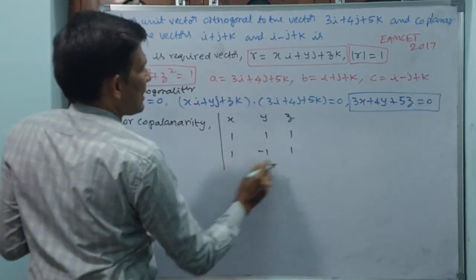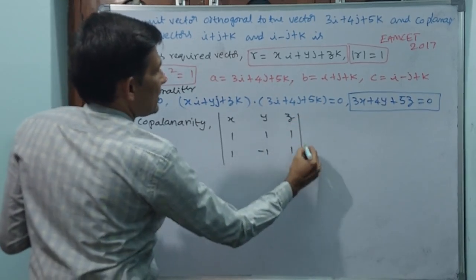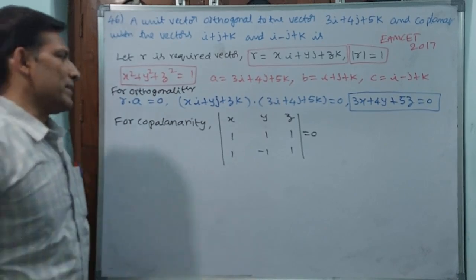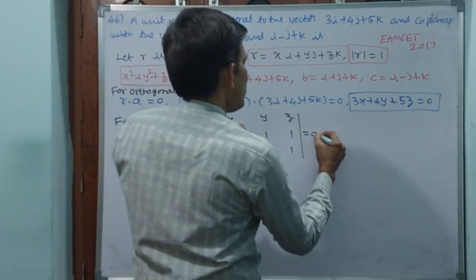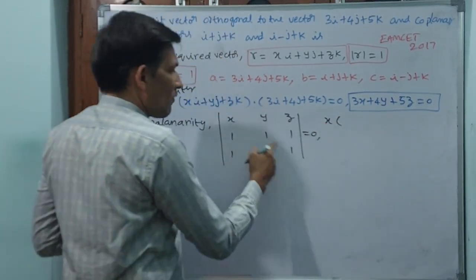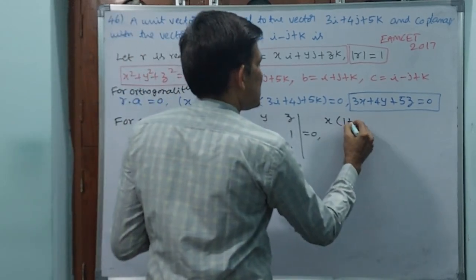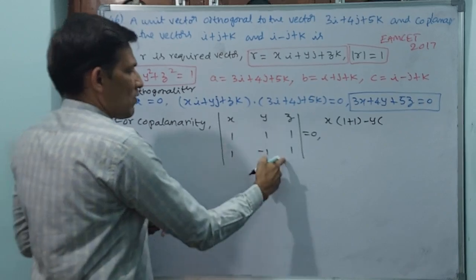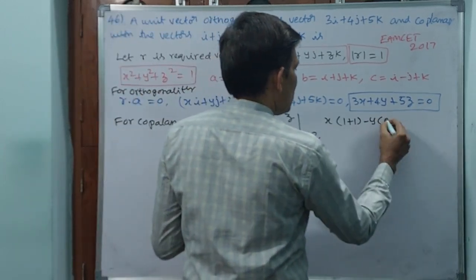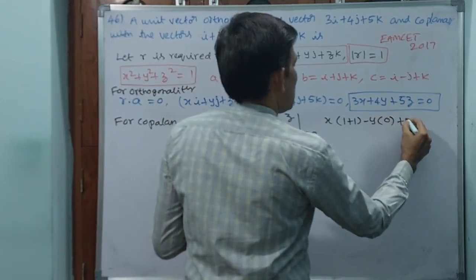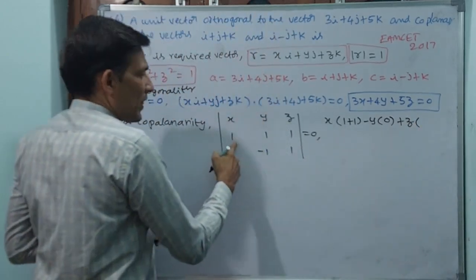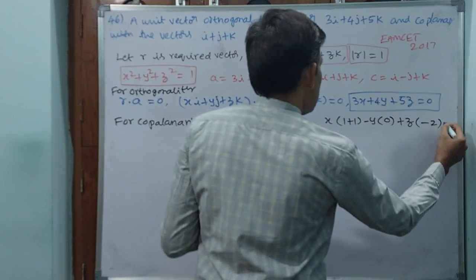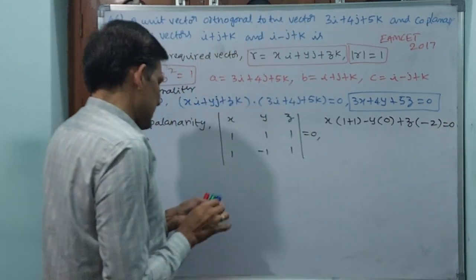This should be equal to 0 for coplanarity. Expanding, x into 1 plus 1, minus y into 1 minus 1, which is 0, plus z into minus 1 minus 1, which is minus 2, is equal to 0.